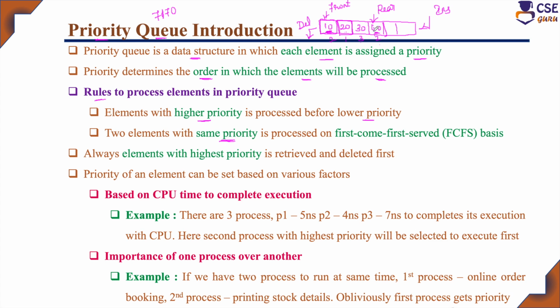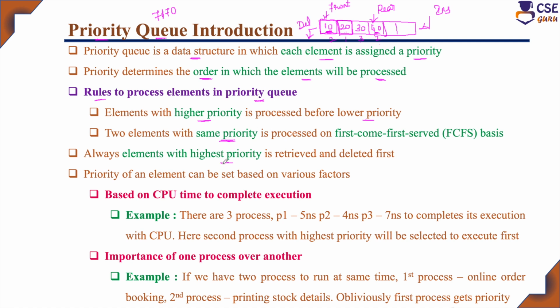So these 2 rules we need to follow to process any element in a priority queue. The element with the highest priority will be processed first, then the lowest priority element. If 2 elements have the same priority, first come, first served: the element which enters the queue first will be processed first, then the next element.